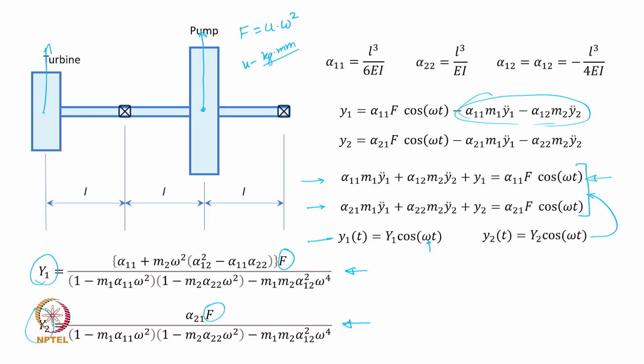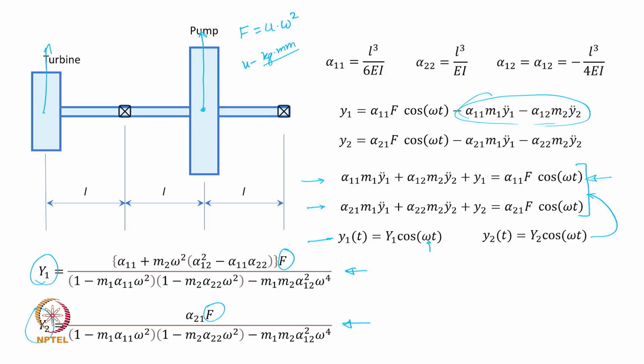In that particular case, alpha 2 2 and alpha 1 2 will also appear if you want to include both of them simultaneously. This is the way to find out the total harmonic response in the lateral vibration by utilizing the concept of influence coefficients.